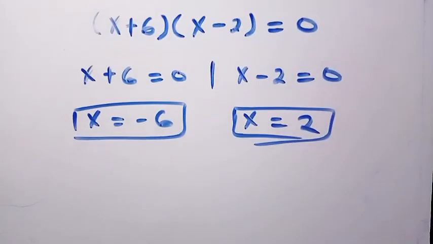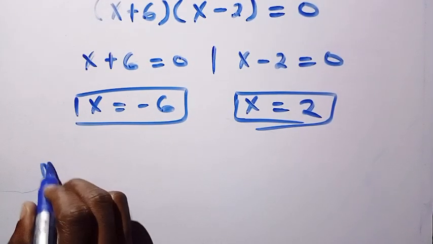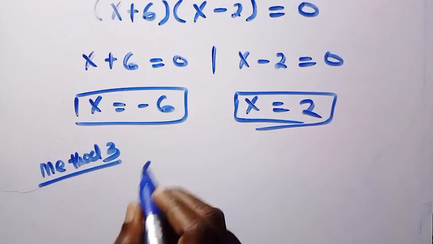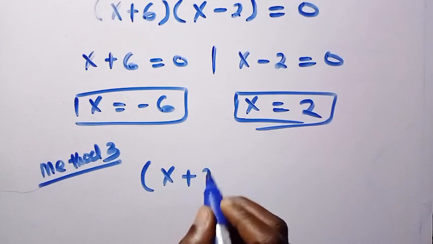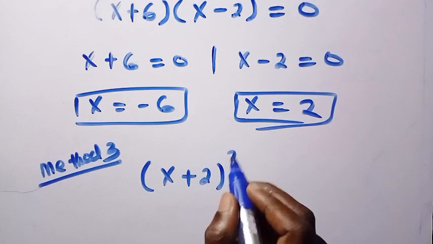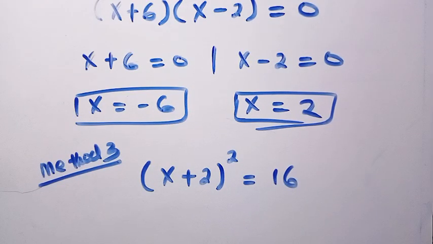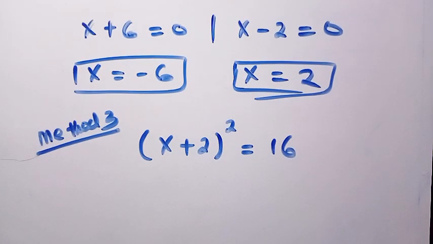So let's see method 3. For method 3, the question is (x + 2)^2 = 16. This will be the sweetest method ever.